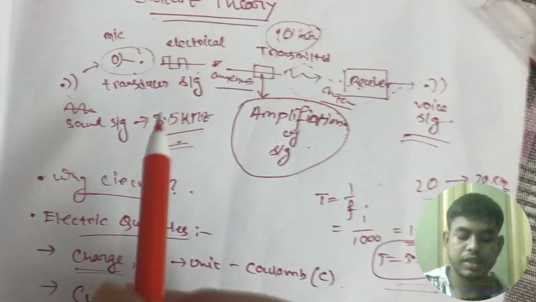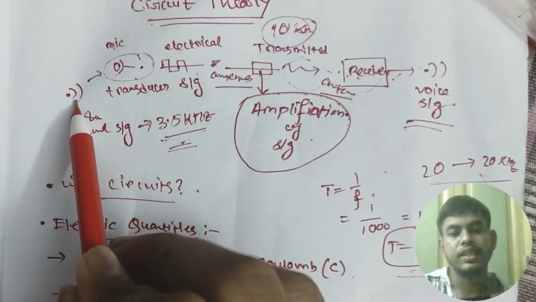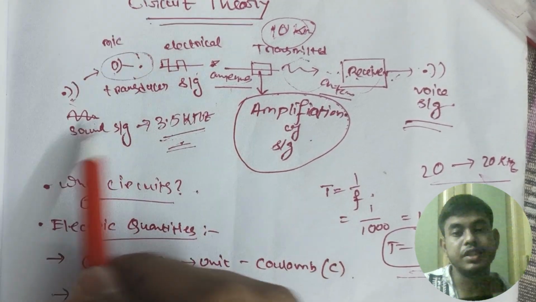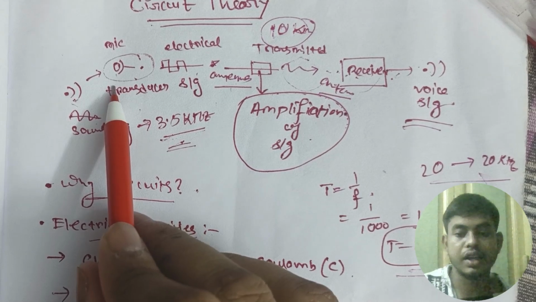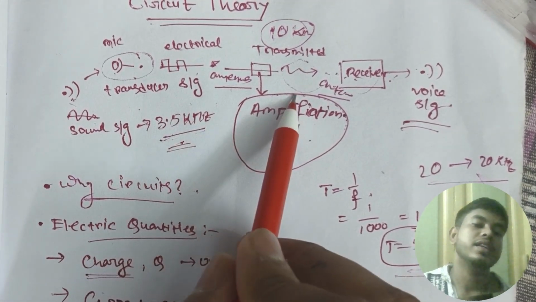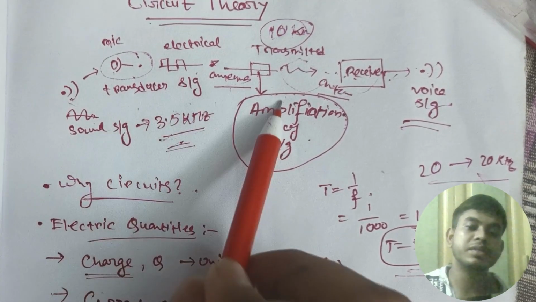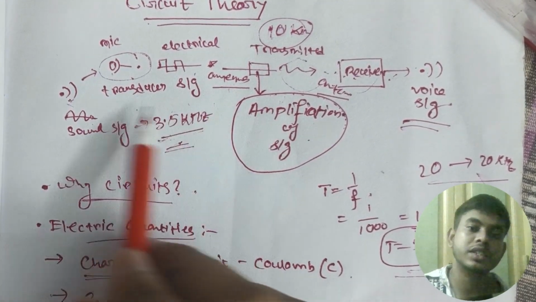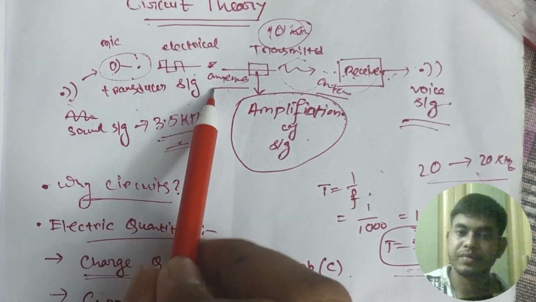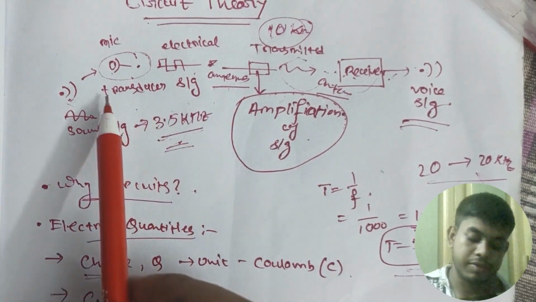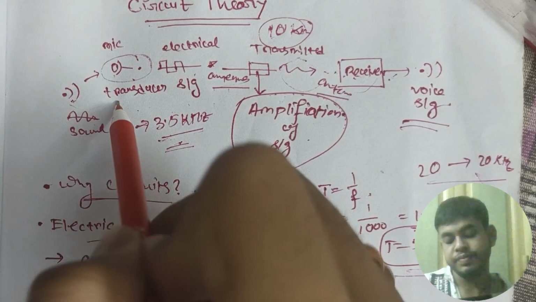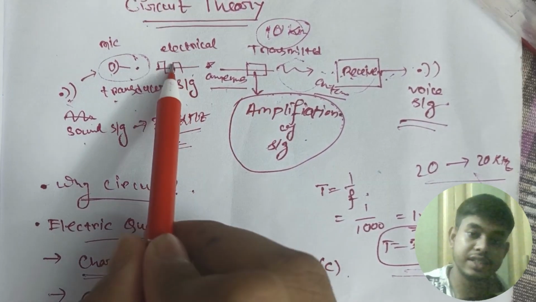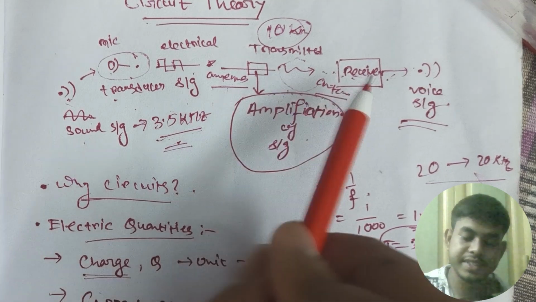So I told that my voice is being converted first to an electric signal by the transducer, and then that electric signal is being transmitted to the air or somewhere, and who is transmitting that, the antenna. So first we transduce the sound signal into an electric signal, then transmit the electric signal to the receiver.